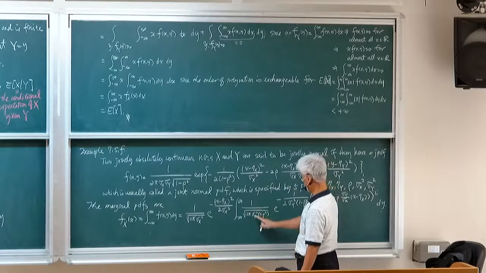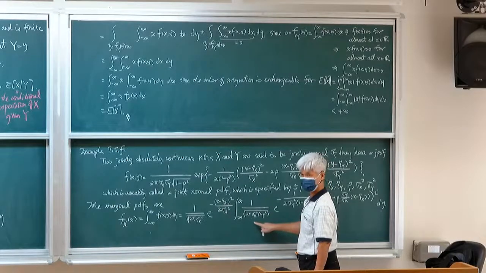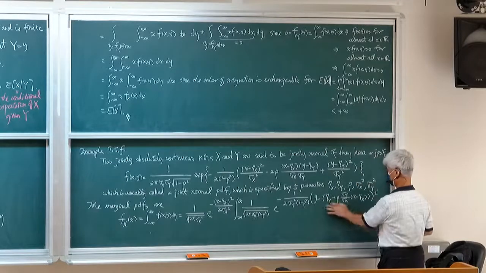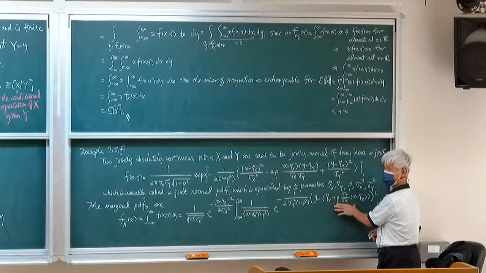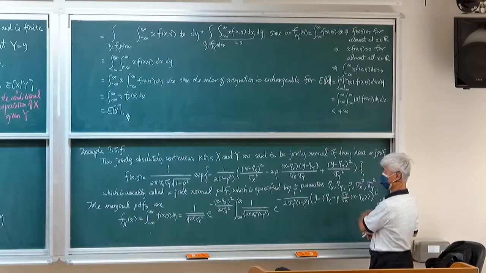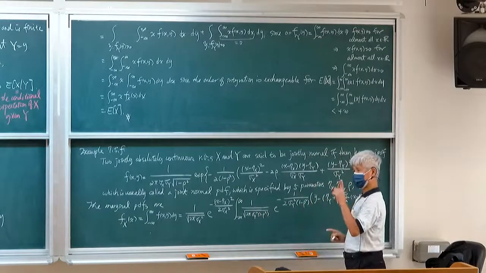The variance is sigma y square times 1 minus rho square, and the mean will be this number. This is the mean. So the integral is equal to 1.